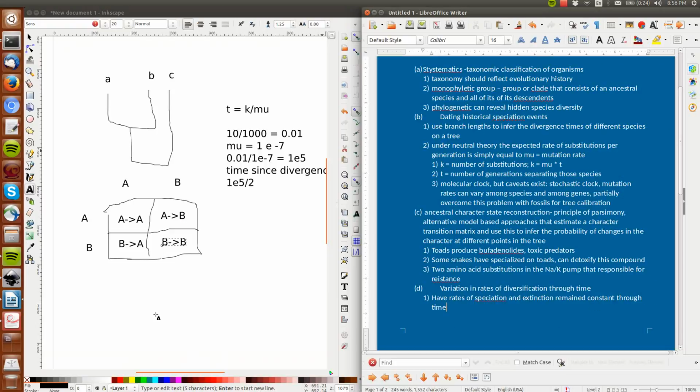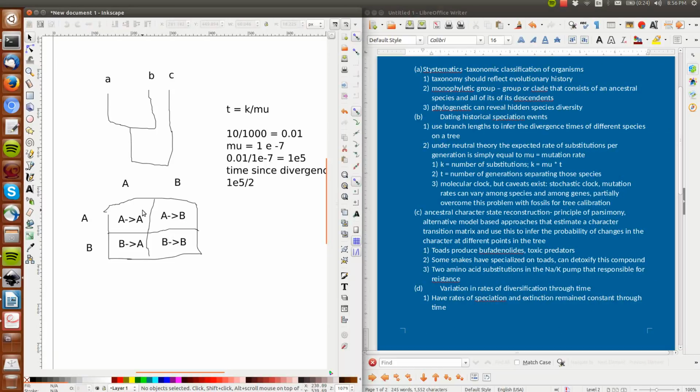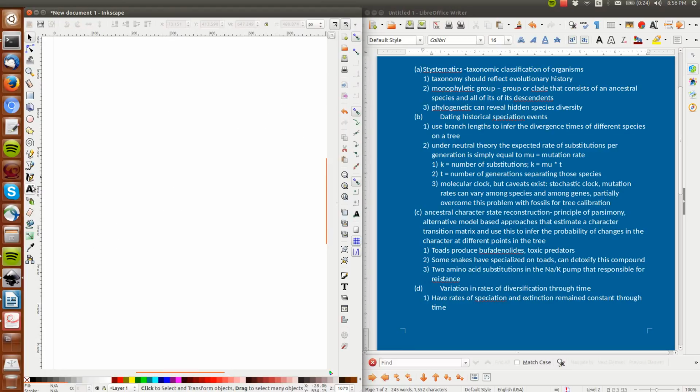And we can think about that. We can visualize that to some extent. So I want to show you first an example of what you might see on a tree if you had constant rates of diversification. You might see something roughly, to the extent that I'm able to draw it, like this.